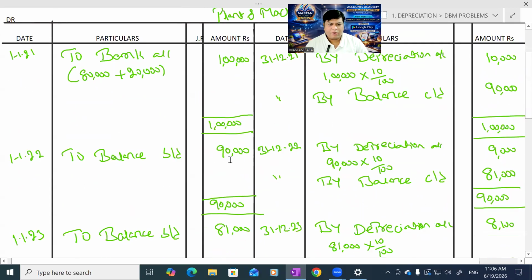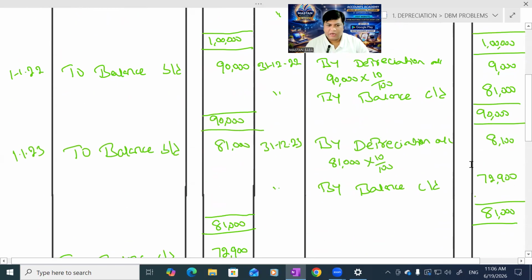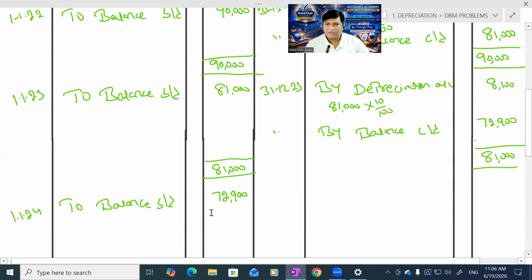And again, to balance brought down is 90,000. Second year, we have not calculated on the original cost, but we have calculated on the balance value, or you can say diminishing balance value. That is on 90,000, 10% 9,000. So balance is 81,000. On 81,000, 10% is 8,100. So what is our balance of the asset as on 1/1/2024 means 72,900.